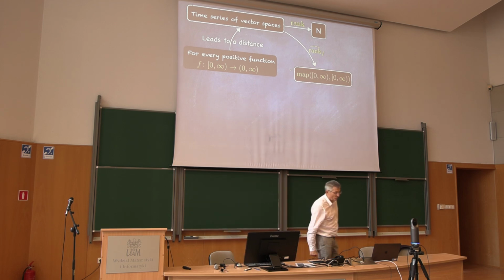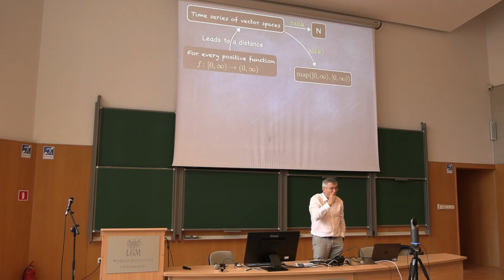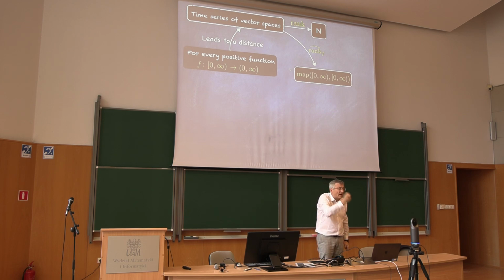Each such function gives you a way of thinking about your time series as functions. Okay? And the most important thing, again, I will repeat it, it uses the geometry of the space of time series, not an individual element that I try to decompose into some pieces. I look at how this time series looks in that space of all time series of vectors.